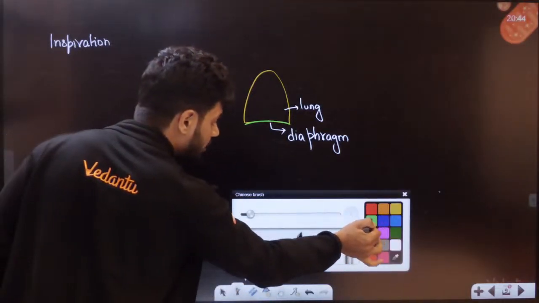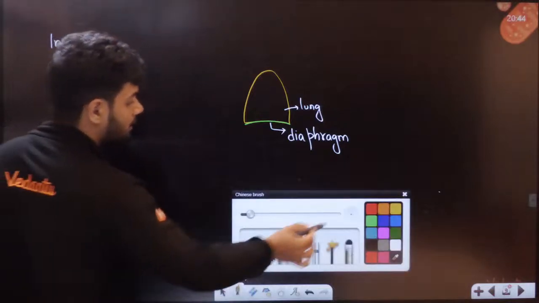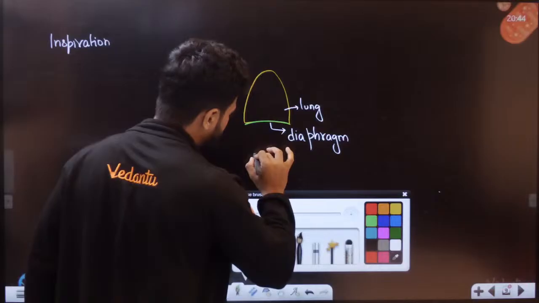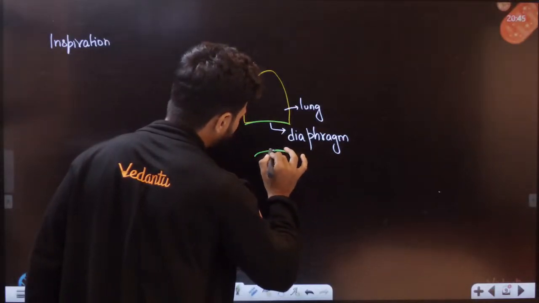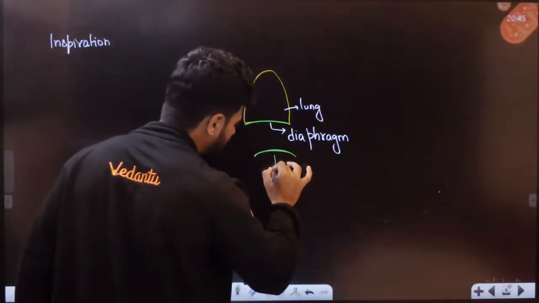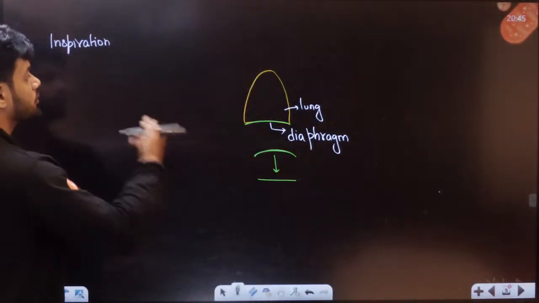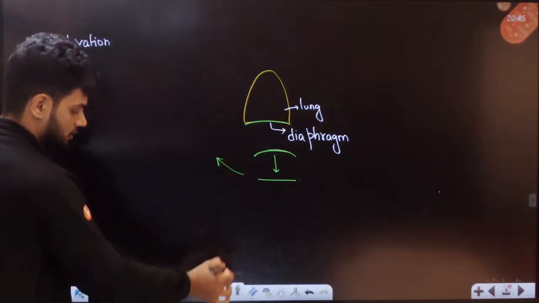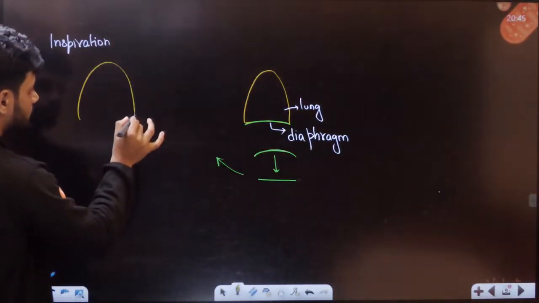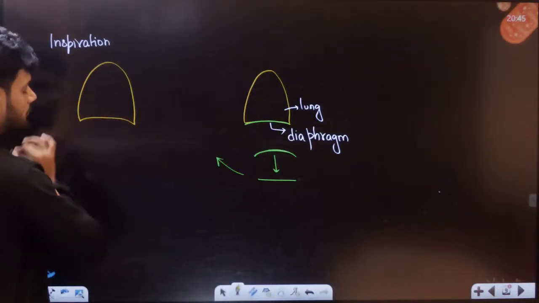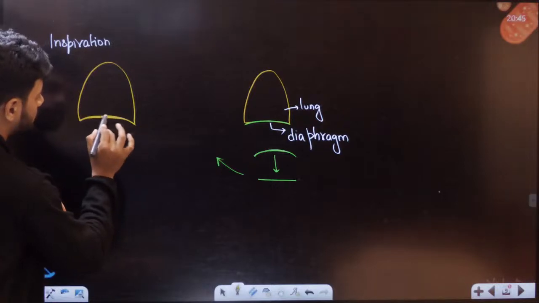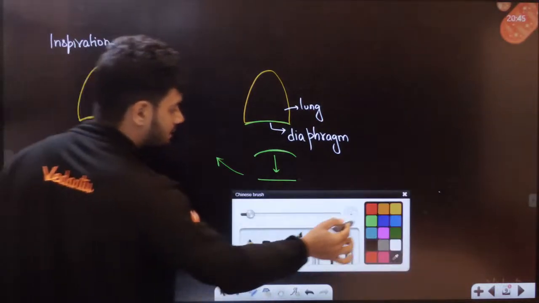Now, during inhalation or inspiration, this diaphragm, which is in a relaxed shape, somewhat curved, will try to become straight here. For example, let's draw the lungs right now. यहाँ पर lungs इस तरह से हैं, थोड़े curved.